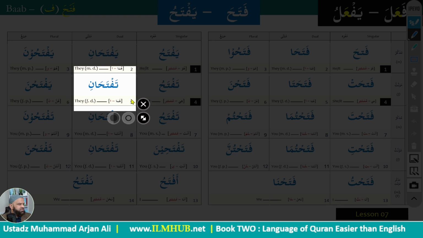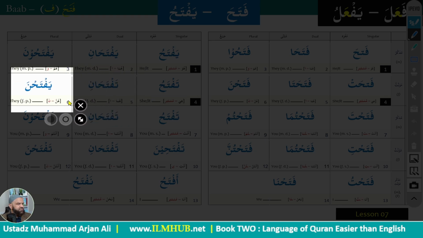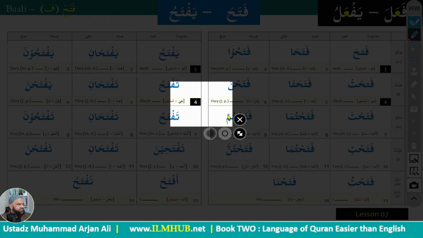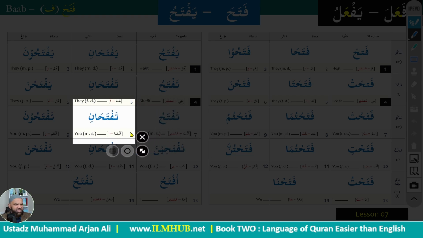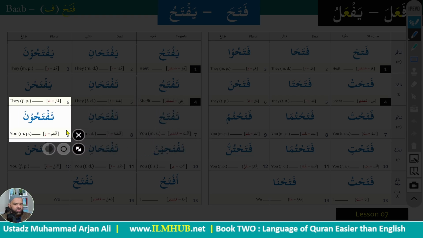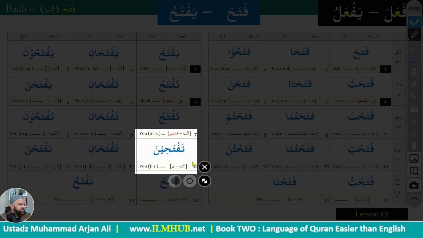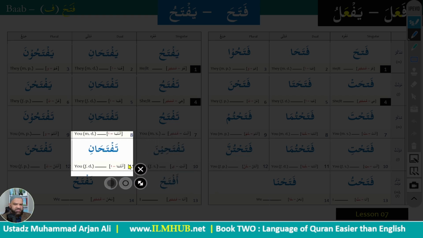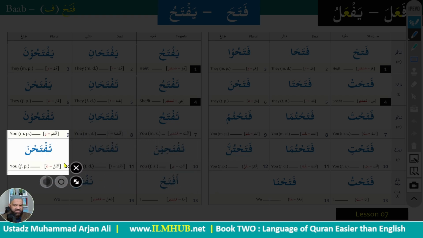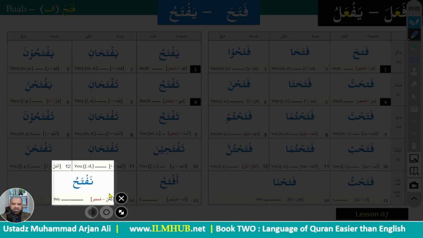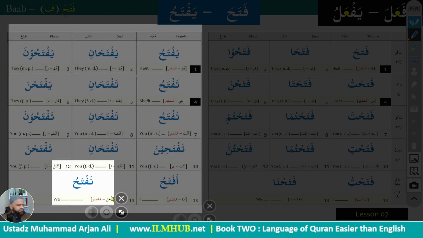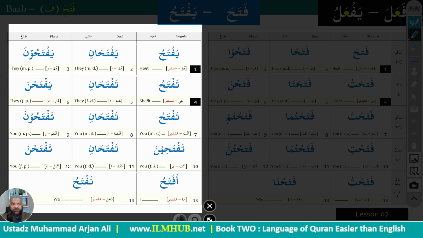Taftahu, taftahani, yaftahna. Taftahu, taftahani, taftahuna. Taftahina, taftahani, taftahna. Aftahu, naftahu.